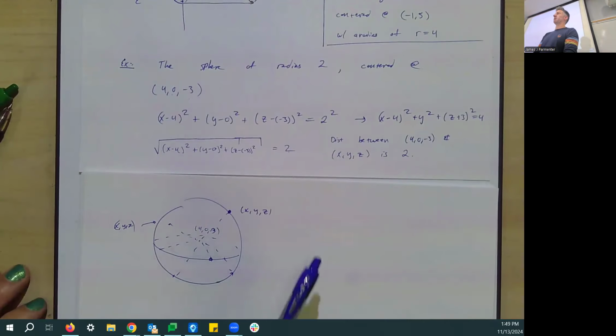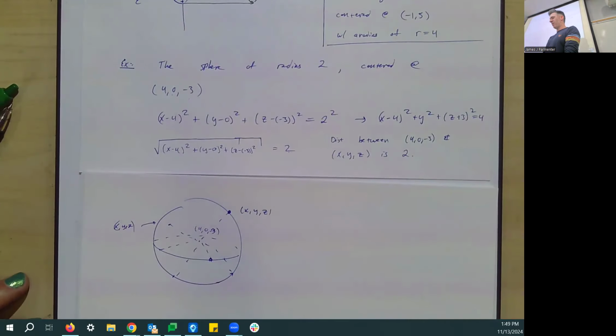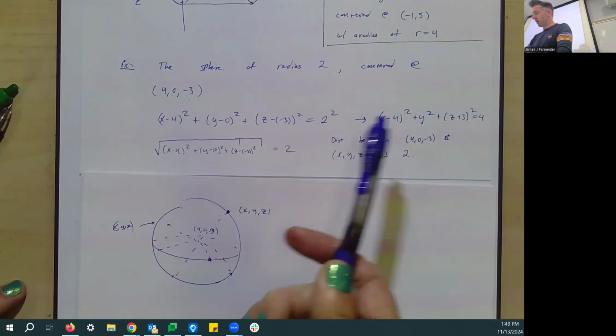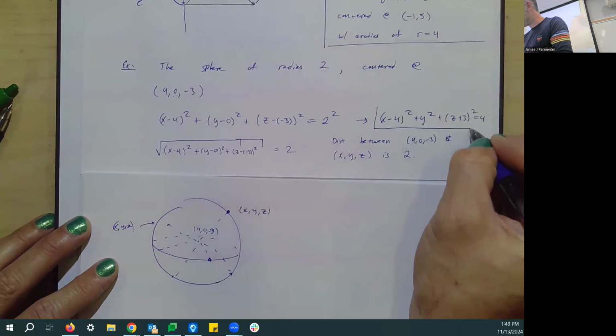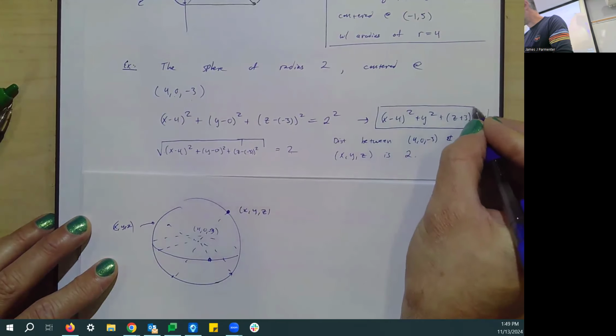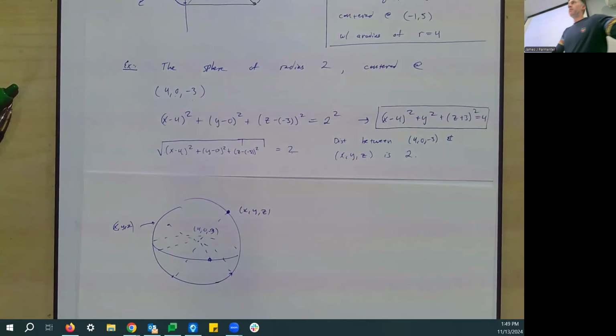That's exactly what this is expressing. But then we don't like writing it like that, so we square both sides and write it like this, because this looks much nicer. And then, of course, we like to make it harder for some reason. They say, great.